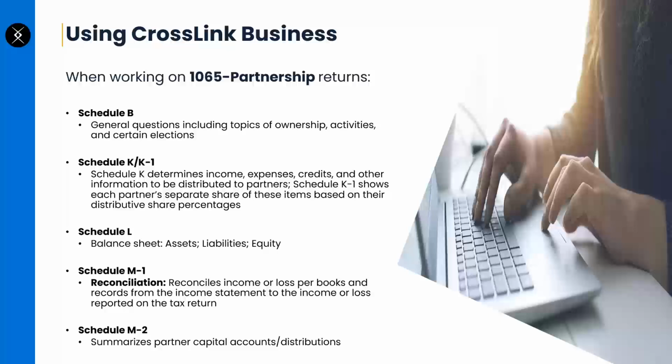The M2 for partnerships is going to illustrate the partners' capital account information. There's a lot of technical stuff that goes into determining partners' capital accounts, so I don't want to get too far into the weeds, but ultimately, in one sense, it's straightforward.